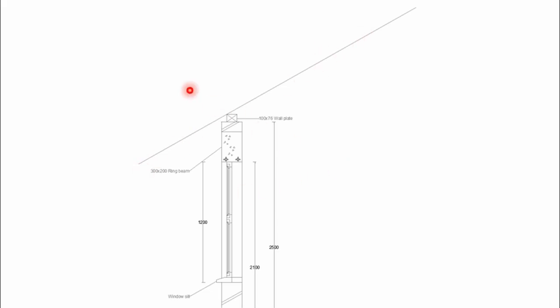After drawing that line, you need to draw another parallel line to it, which will also be 30 degrees, but 100 millimeters apart from this one. It should be a parallel line, and it indicates the other line of the rafter.